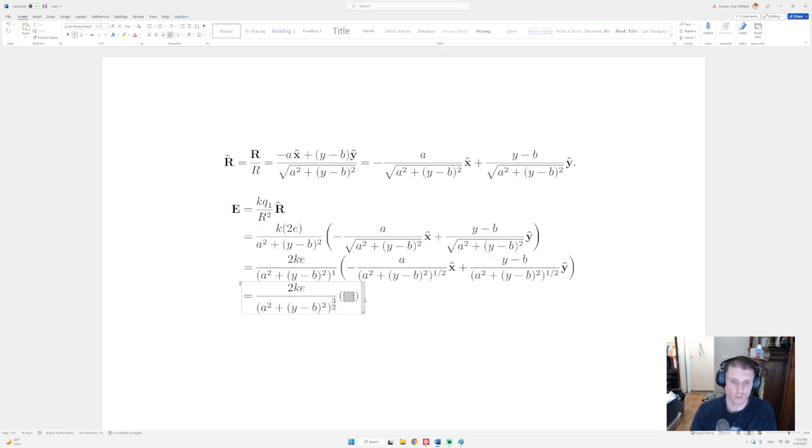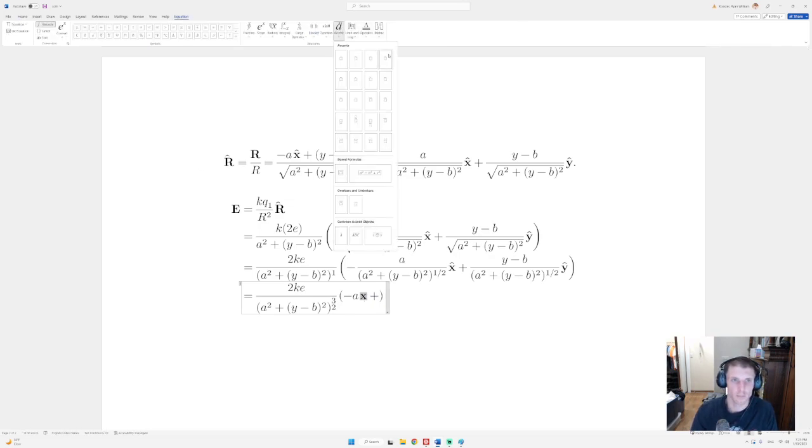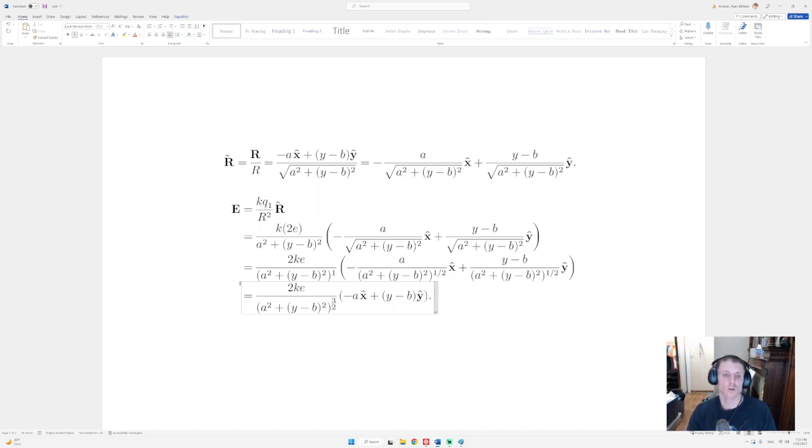And then we could make this look a bit better. We could write negative a x hat, plus, and then y minus b y hat. And so this is a little better. I hope we all agree that it's at least a little bit better. And this would be as much really as we could simplify this.